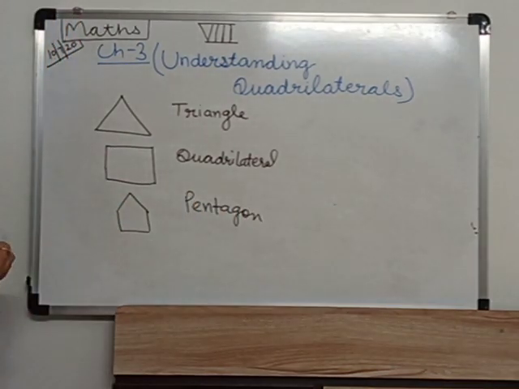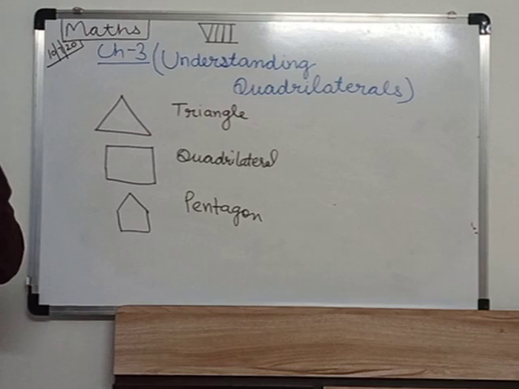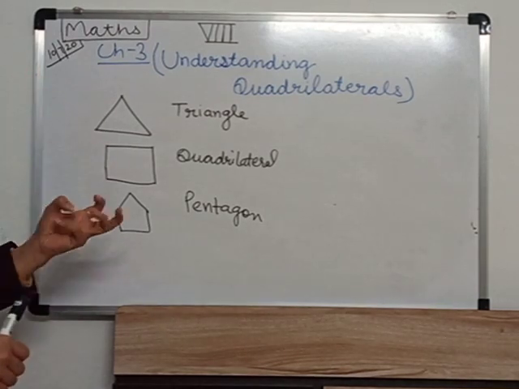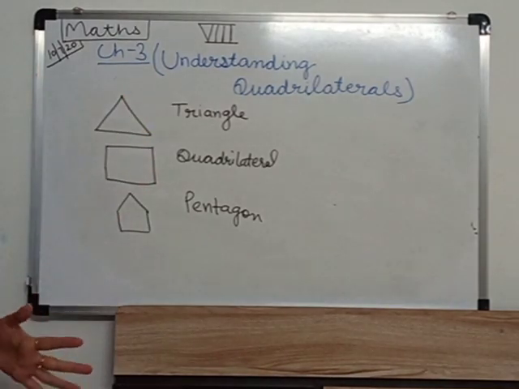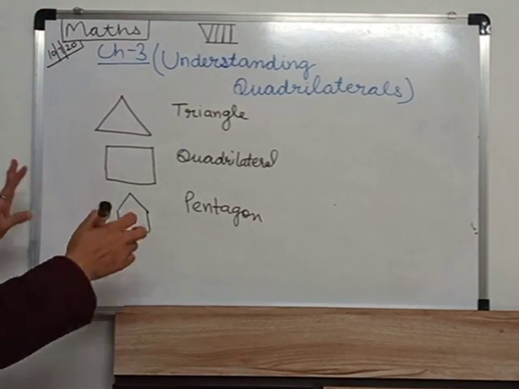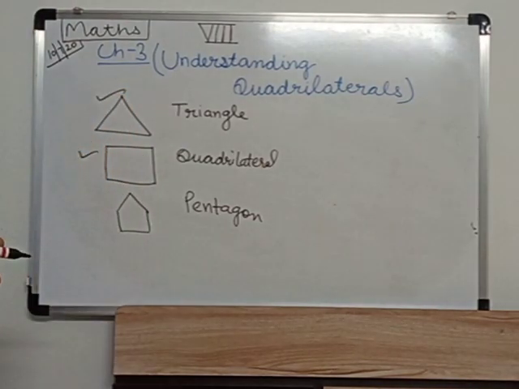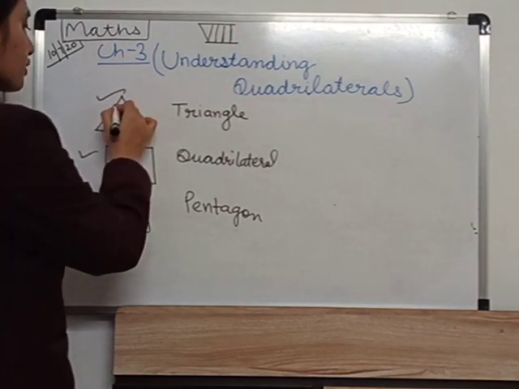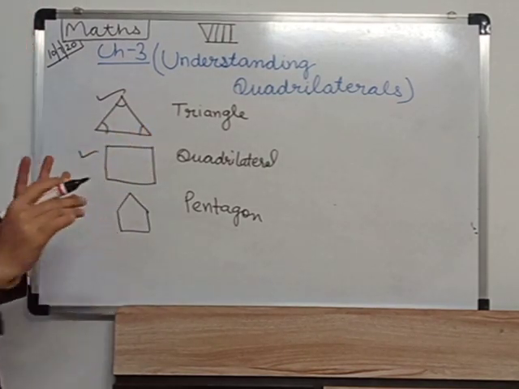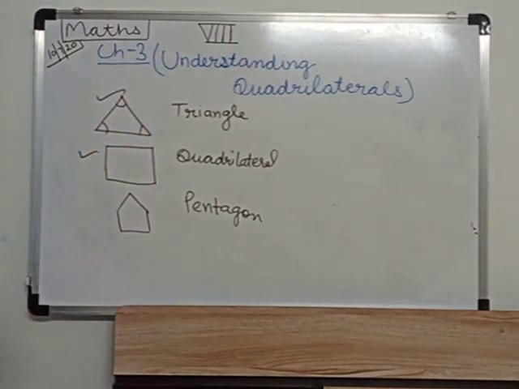Now we discuss how we can find the sum of angles of these polygons. We know about triangle, and we know about quadrilateral, which has 4 sides. We know the sum of all angles of a triangle is 180 degrees. We have already done this type of question in our previous class.